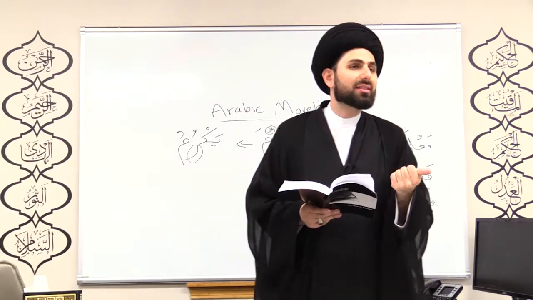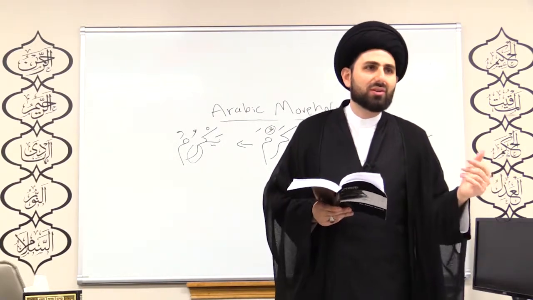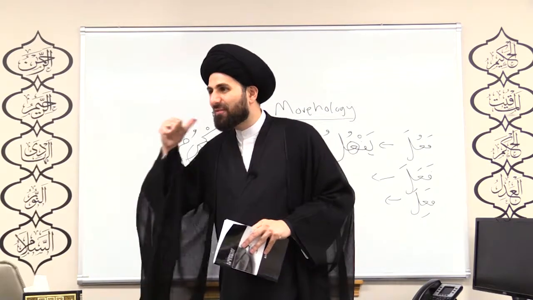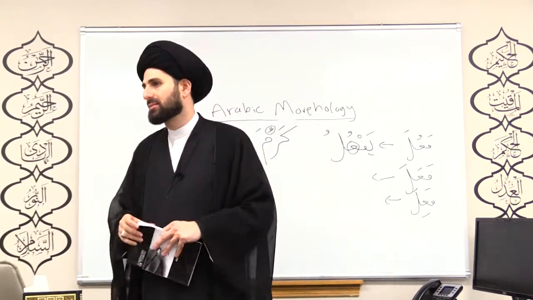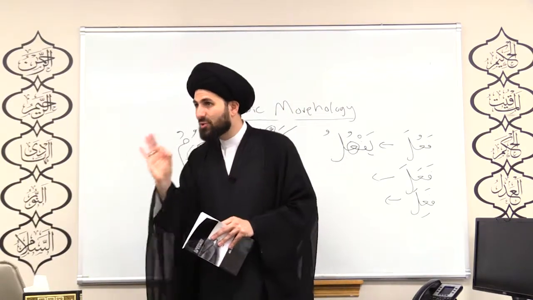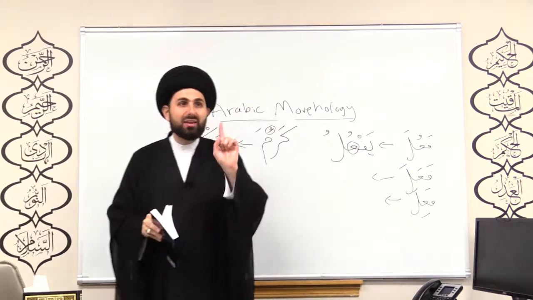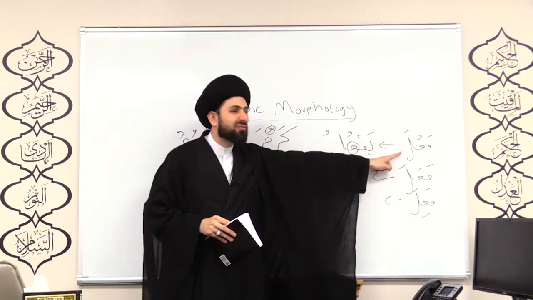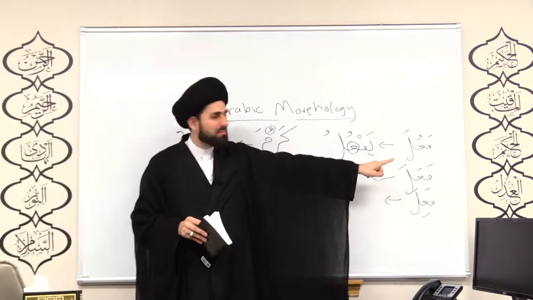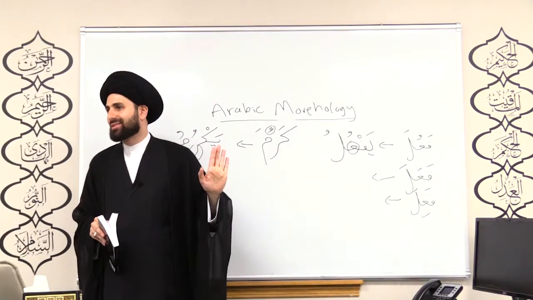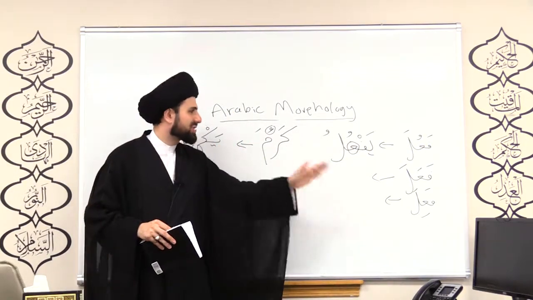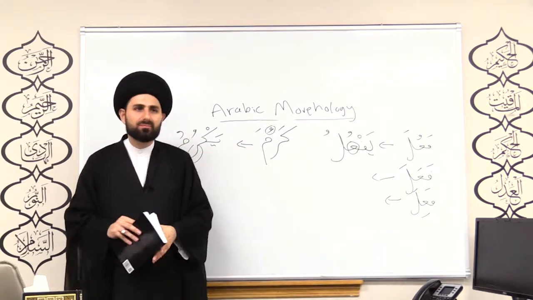But the mudari' is what? Yaf'alu. So when it comes to fa'ala, there's a fatha on the ayn. It can come in three forms. That's why in the beginning I said there is no law for this. You just have to know this through experience. Yes, one thing that you can identify right off the bat, if your fi'l madi is fa'ula, it has a dhamma, then you already know what the mudara' is. That's the easy one. But the others, if it's fa'ala, it's tricky.